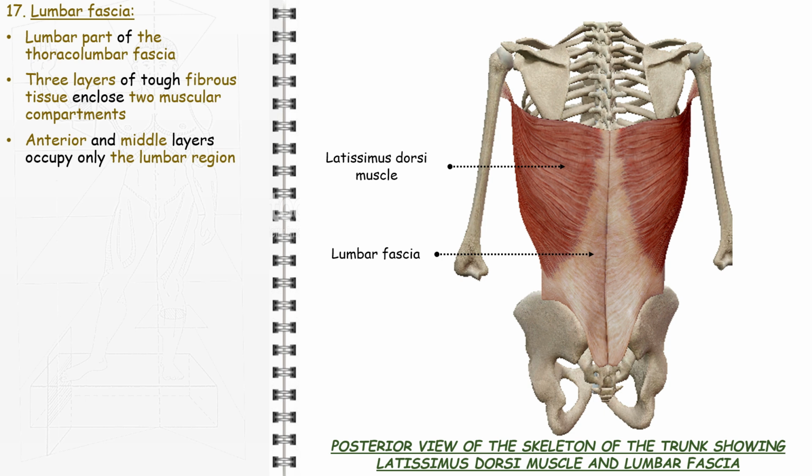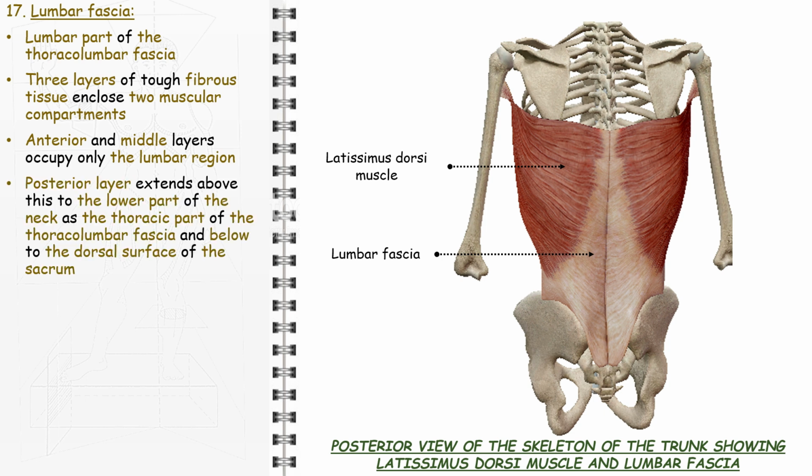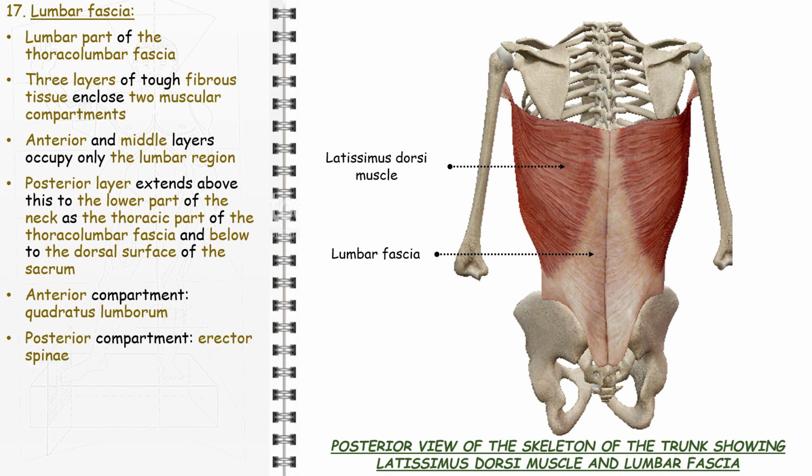The posterior layer extends above this to the lower part of the neck as the thoracic part of the thoracolumbar fascia and below to the dorsal surface of the sacrum. The anterior compartment is occupied by the quadratus lumborum muscle and is continuous with the transversus abdominis muscle. The posterior compartment is occupied by the erector spinae mass.